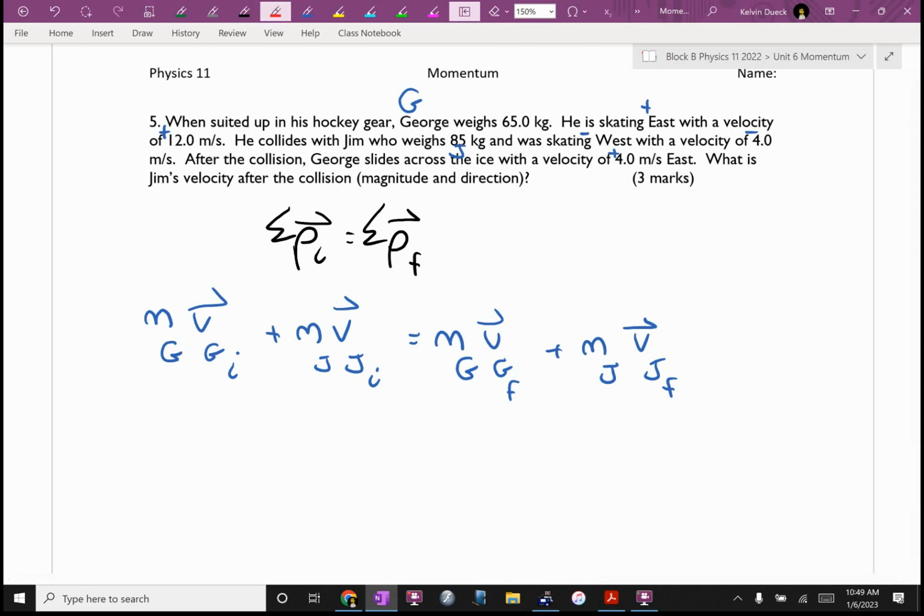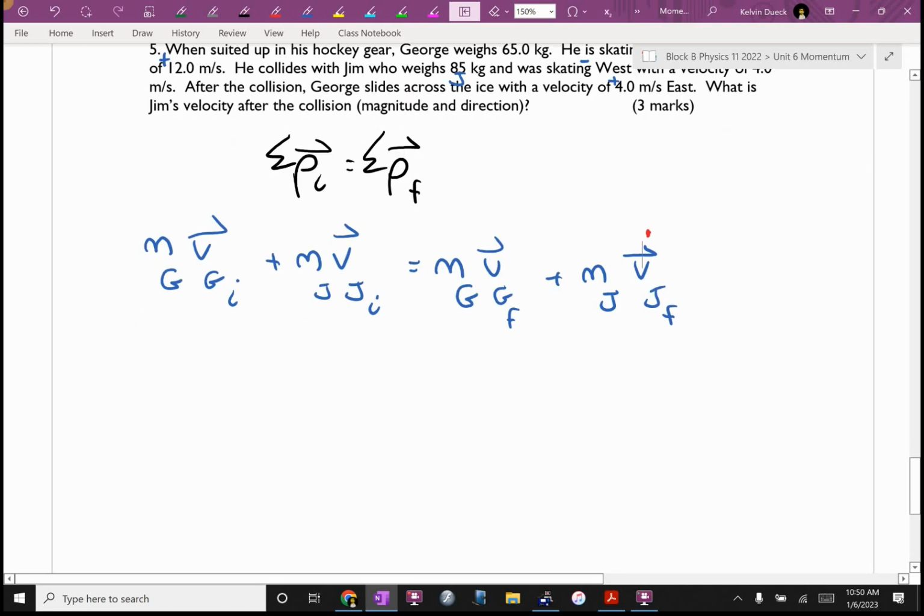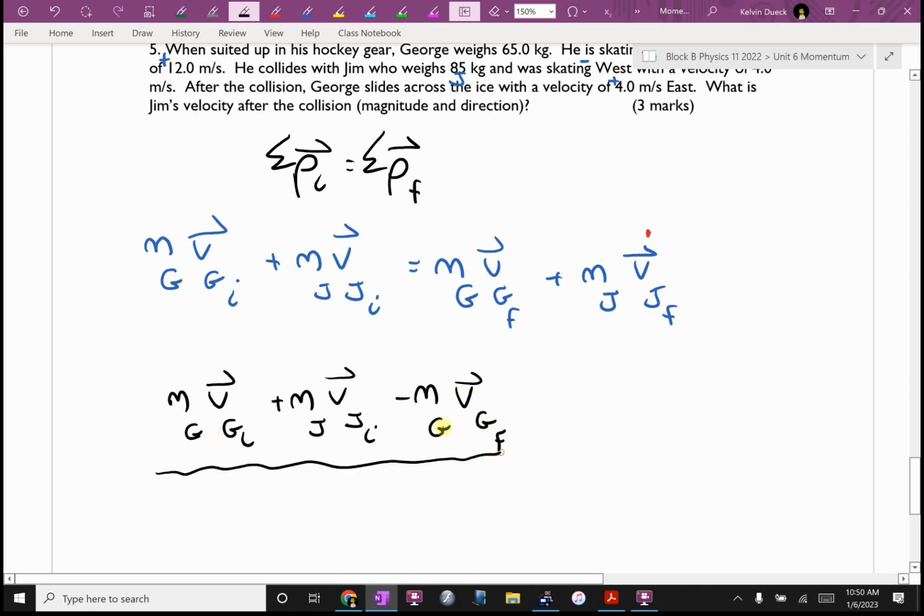Looks like I'm trying to find Jim's final velocity. Daniel, the left-hand side is going to drop down like a domino. Then I guess I would minus mass George, velocity George, final, and I think I would divide by the mass of Jim. That's going to be the final velocity of Jim.